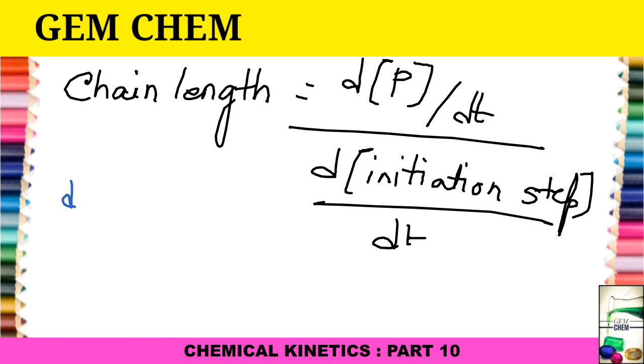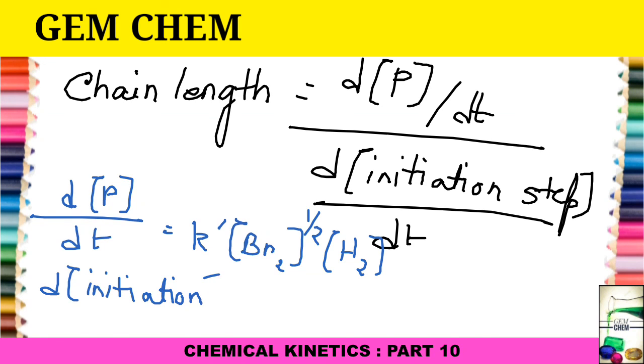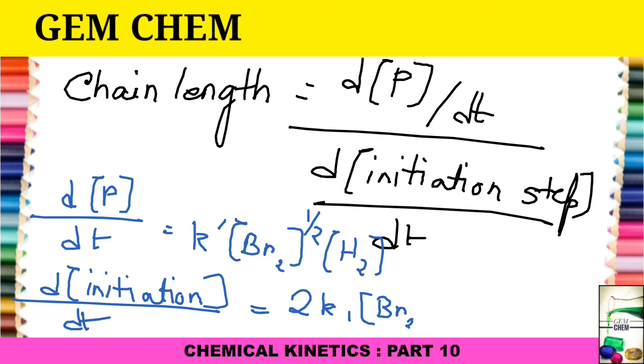So dP by dt is equal to K dash Br2 to the power half and hydrogen, right? And for d initiation by dt, it is equal to 2K1 Br2, okay, and these zeros present here represent the initiation at the starting.